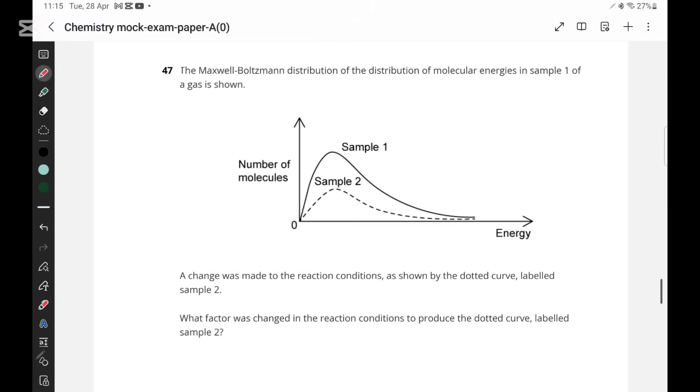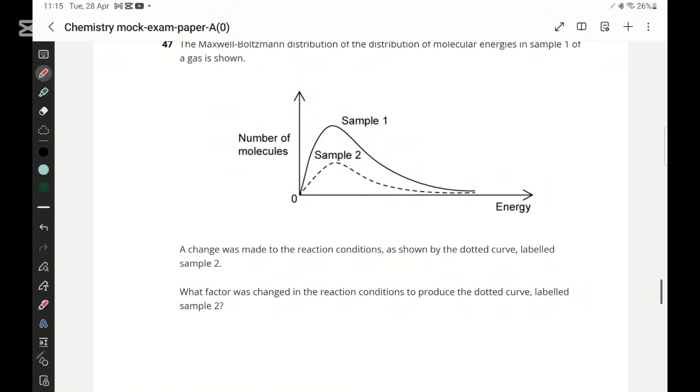For question number 47, the Maxwell-Boltzmann distribution of molecular energies in sample 1 of a gas is shown. A change was made to the reaction condition as shown by the dotted curve labeled sample 2. What factor was changed in the reaction condition to produce the dotted curve labeled sample 2?